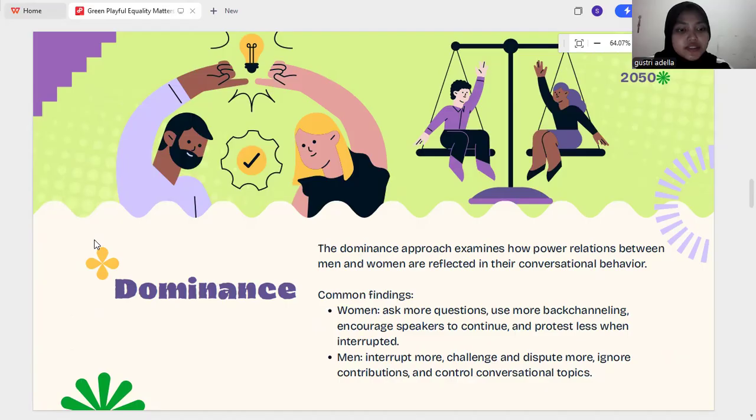Researchers show that women tend to ask more questions, use backchanneling, and encourage others to speak, while men usually interrupt more, control topics, and challenge others.